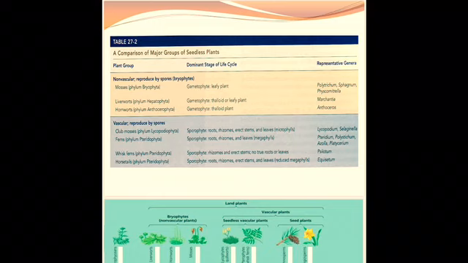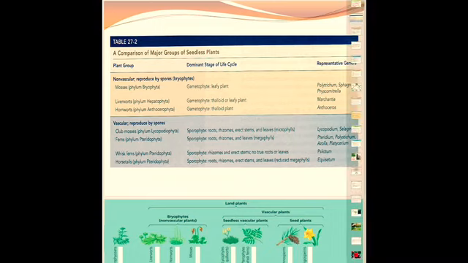Comparison of major groups of seedless plants. The non-vascular plants reproduce by spores. There are mosses, liverworts, and hornworts.